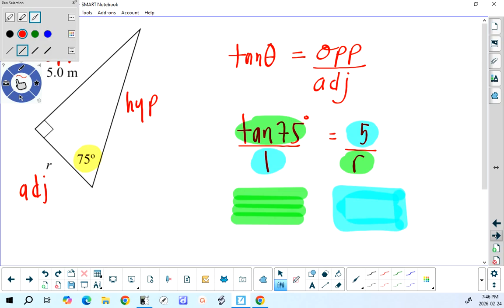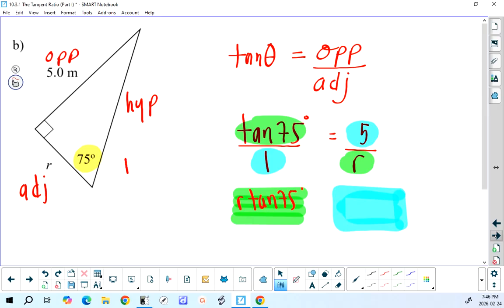Tan 75 times r, we should write it as r times tan 75. Listen, there's nothing wrong with writing tan 75 times r, but you'd have to put a set of brackets around it. It's better to write r tan 75. And then multiply the blues. 5 times 1 is 5.